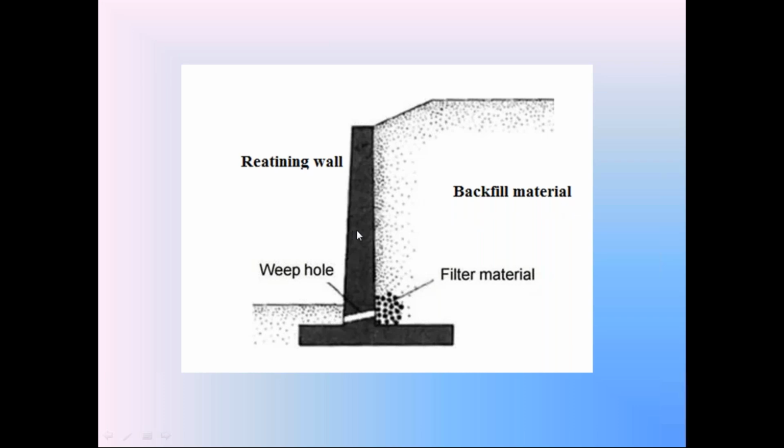If the retaining wall is moving away from this backfill material, that condition is called active condition. Then if the retaining wall is moving towards the soil, as in the diagram where in the front side also we have this soil, that condition is called passive condition.